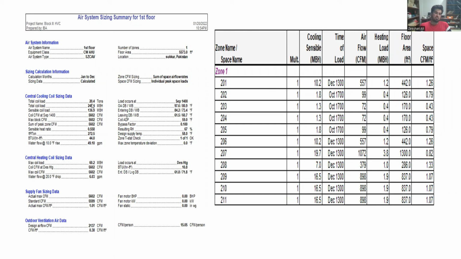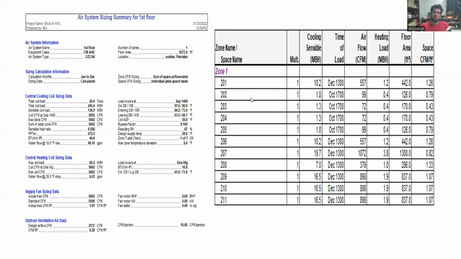It shows that 20.4 tons is required to remove the heat from the air. This one shows the central heating coil required maximum coil load is 60.2 MBH, and the actual maximum CFM required is 5602 CFM. CFM per person is 15.05 here.